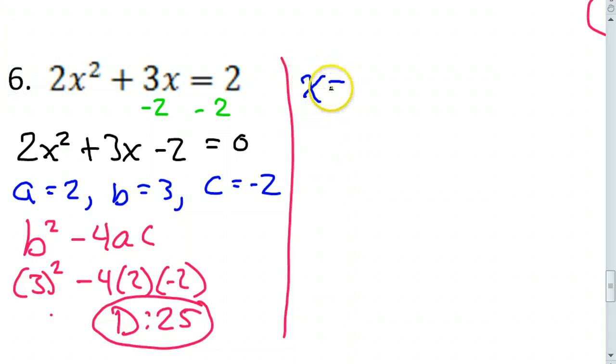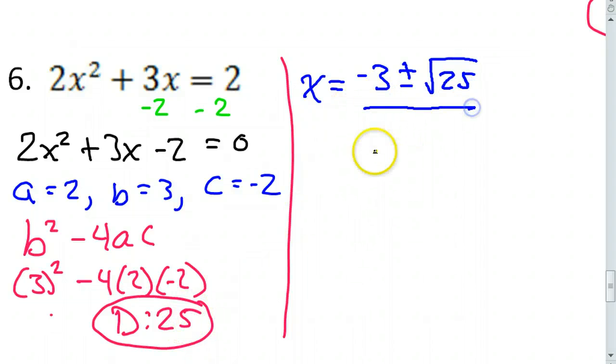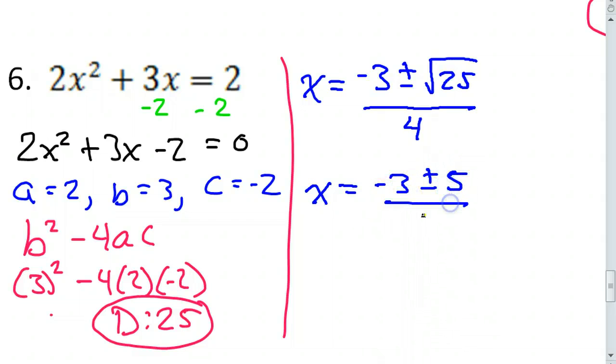So x is equal to the opposite of b, so negative 3, plus or minus square root, then in goes the discriminant, all over 2a. 2 times 2 is 4. Now 25 is a perfect square, so that's going to be negative 3 plus or minus 5 over 4.